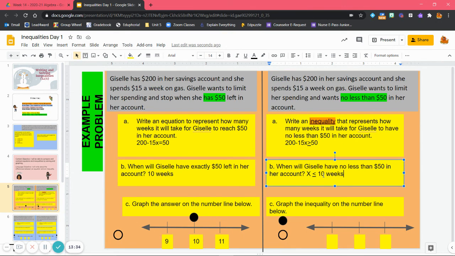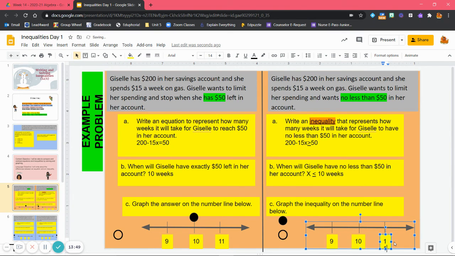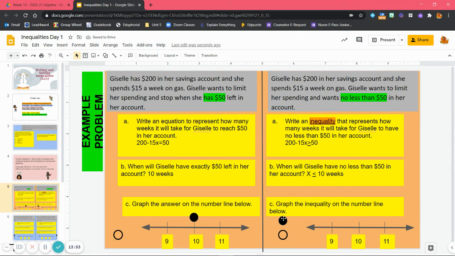So what we're going to do for our number line is kind of the same thing as our original one. We're going to put 9, 10, and then 11. And because it's equal to, we're going to continue using our closed circle.